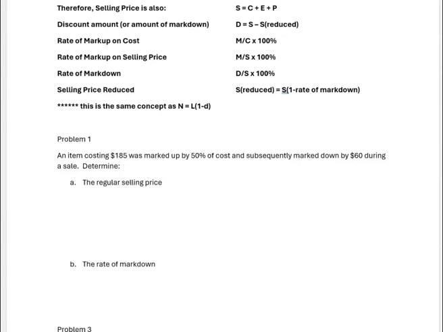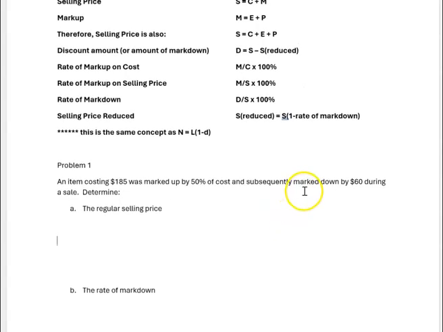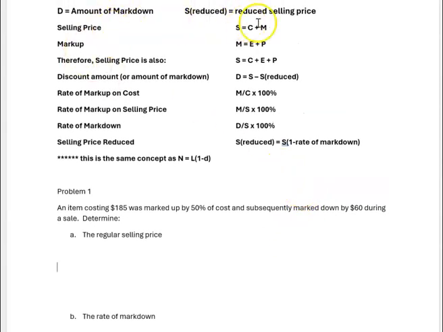We can look at it a couple of different ways. If we've got the expenses plus the profit, then cost plus expenses plus profit equals your selling price. But in this case, we only have the amount that it was marked up by. So we've got the selling price equals cost plus markup.